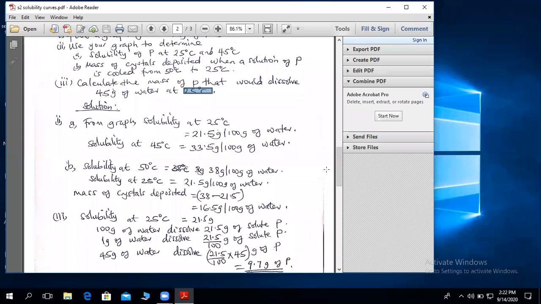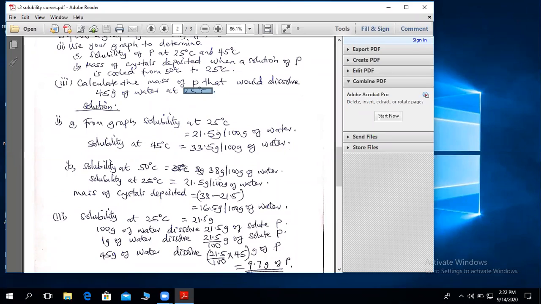So from the graph, we had already done that. Solubility at 25 degrees centigrade is 21.5 grams from the graph. And from definition, remember, solubility is the mass of solute that saturates 100 grams of solvent.